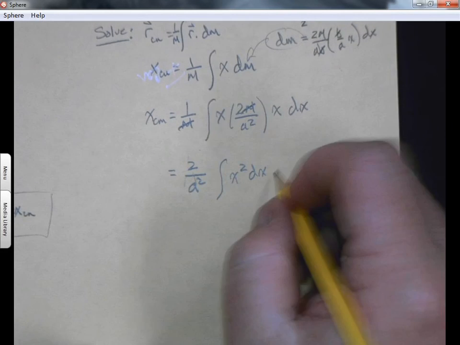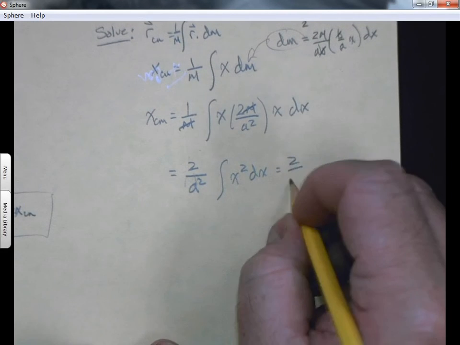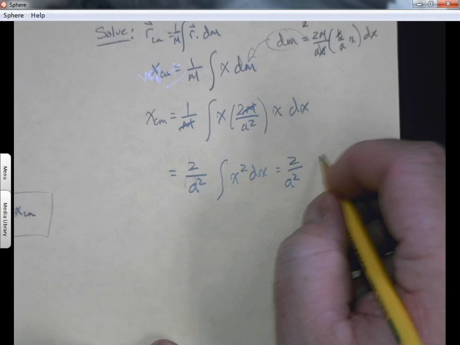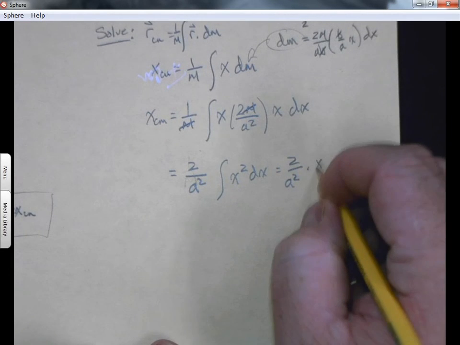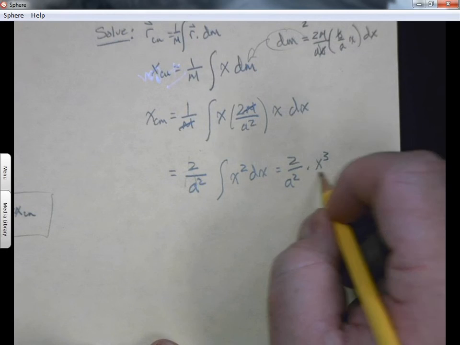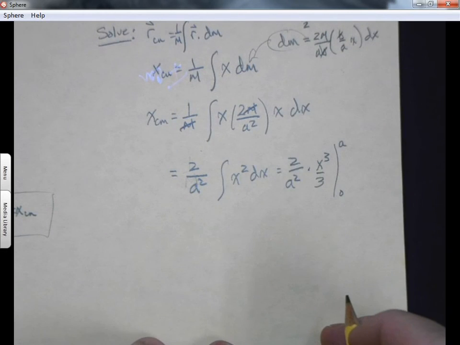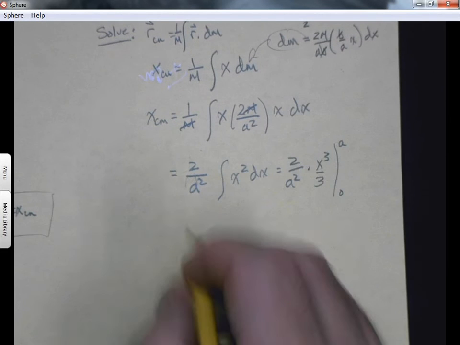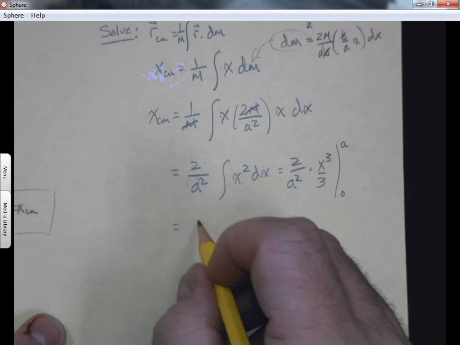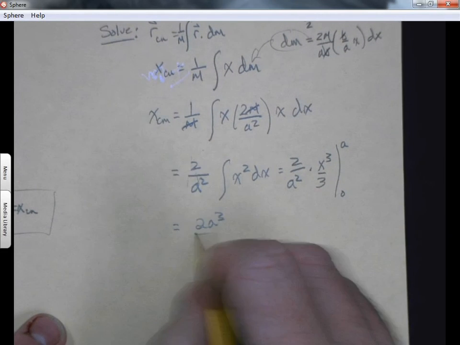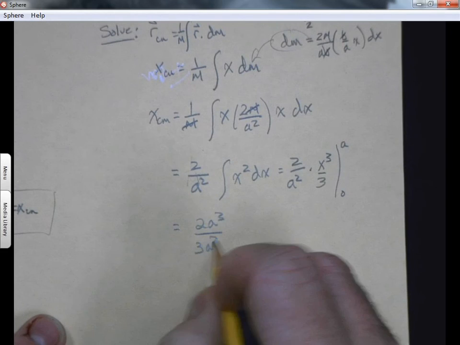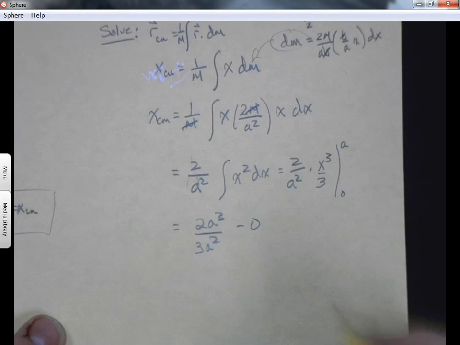Okay, well, that becomes, all right, we evaluate that to a, and it's going to become 2a cubed over 3a squared minus 0.